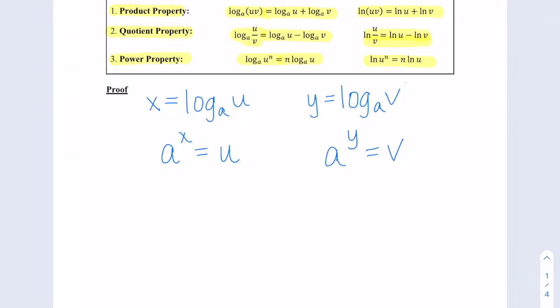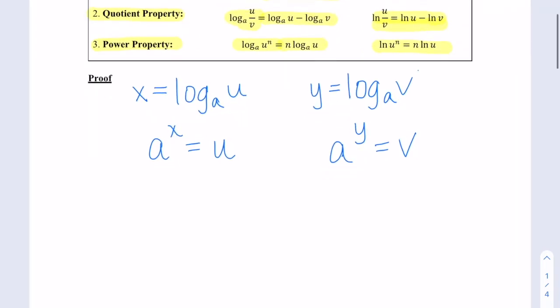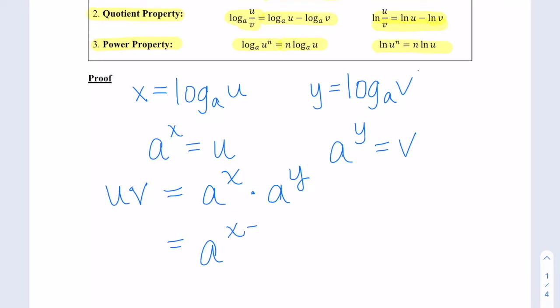So say we multiply u times v. I'll just put uv. Well, we'll get a to the x times a to the y. And that equals a to the x plus y, because it has the same base, so we know that we're going to add those exponents.